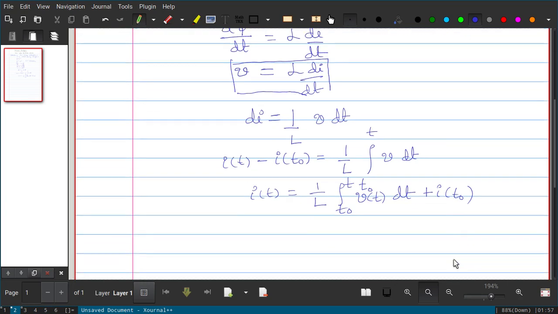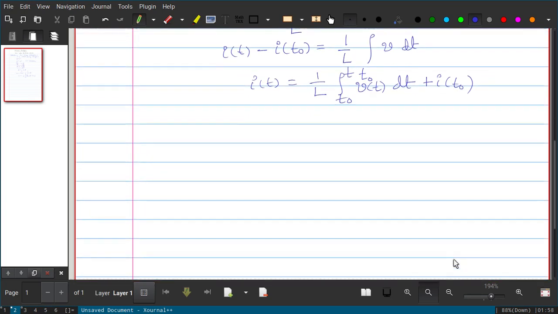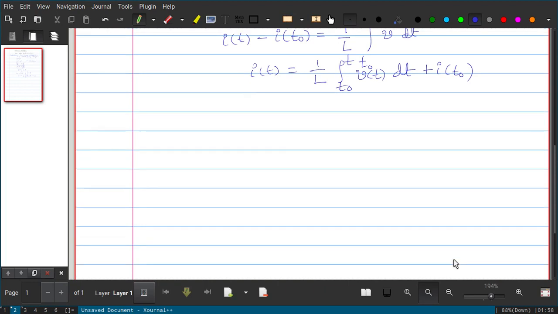Now, what we are interested in is the characteristics of the inductor, which we will use in solving problems. So that we will see here. Characteristics of an inductor. First one: there is no voltage across an inductor if the current through it is not changing with time.